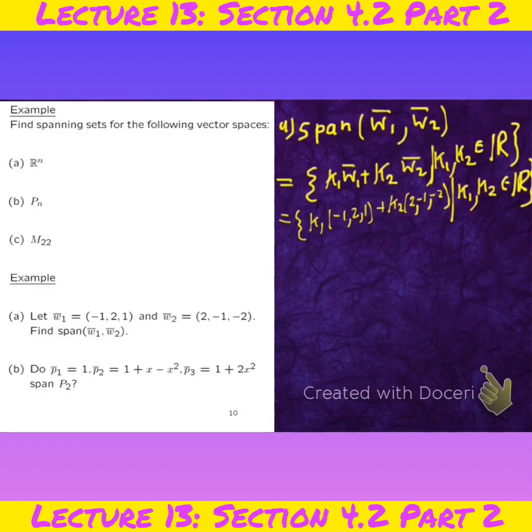All right, so that is the span. It's the set of all linear combinations of vectors W1 and W2.